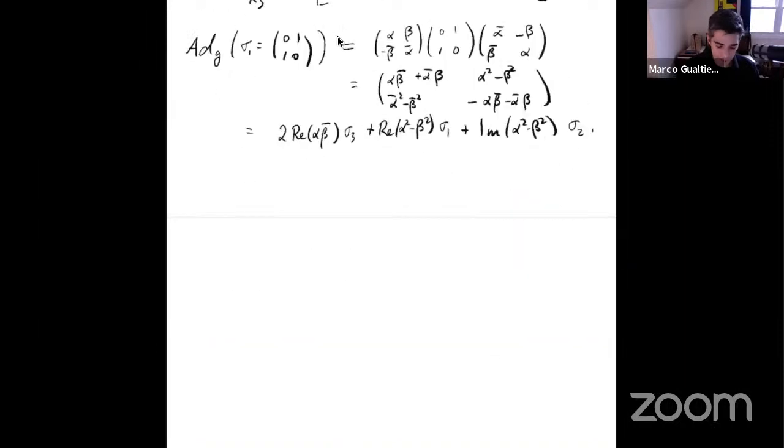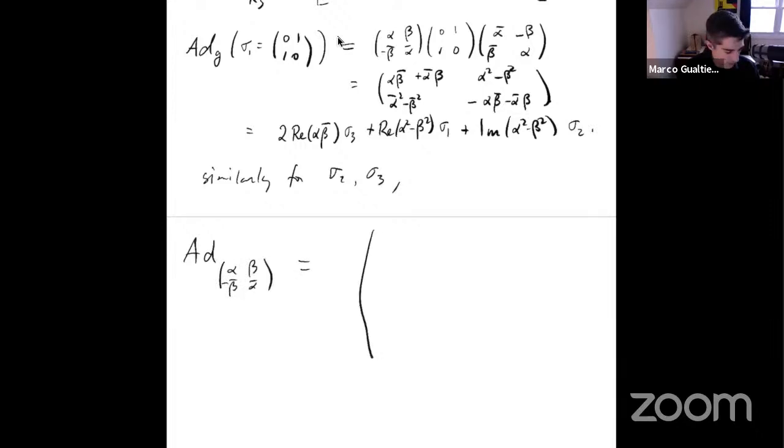Okay, and so if we write this similarly for sigma 2 and sigma 3, what we get is that add by this alpha beta minus beta bar alpha bar, this as a matrix would be given like this.